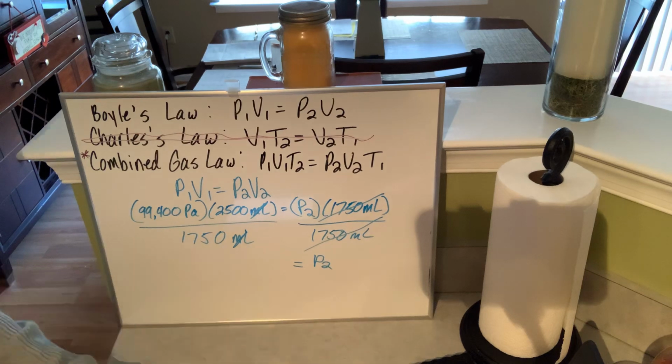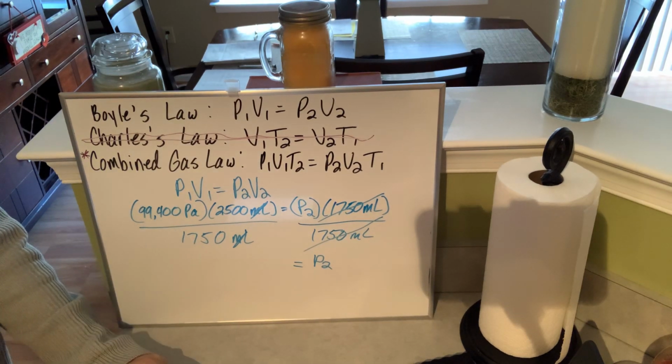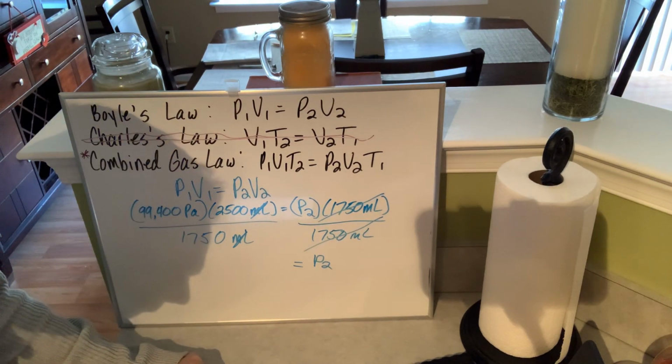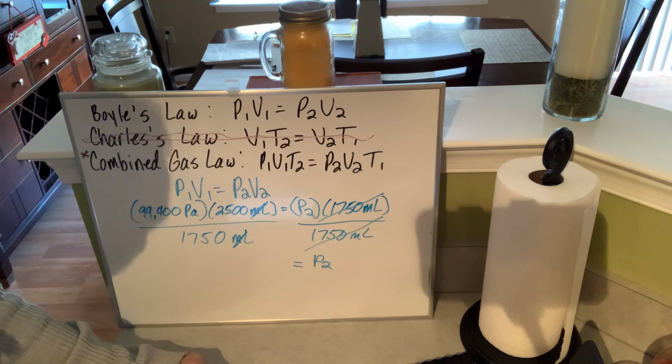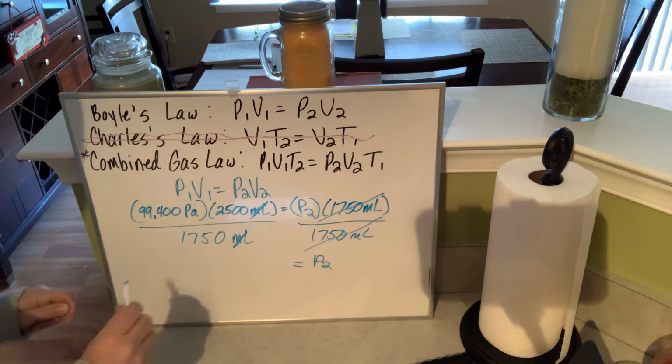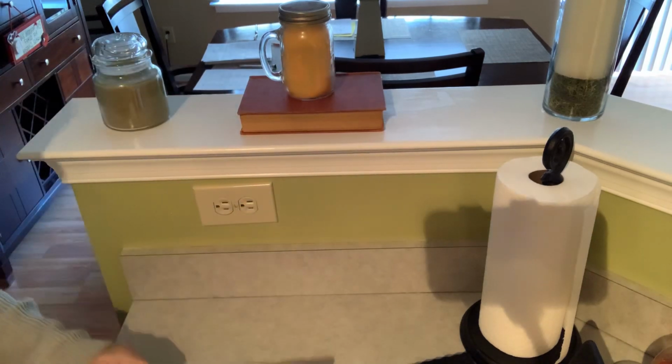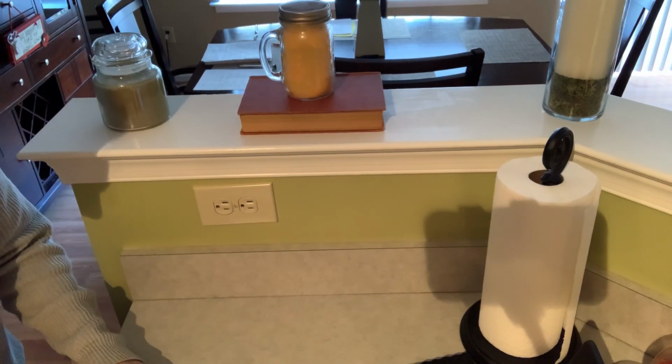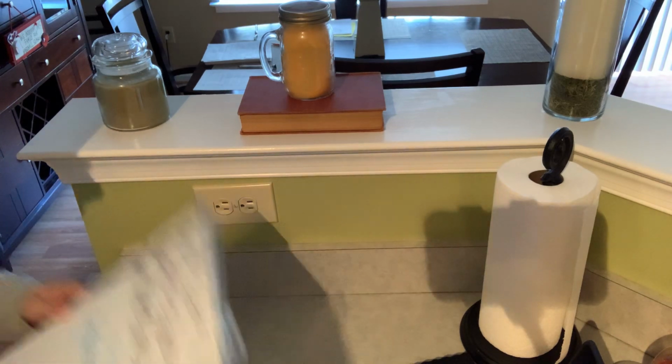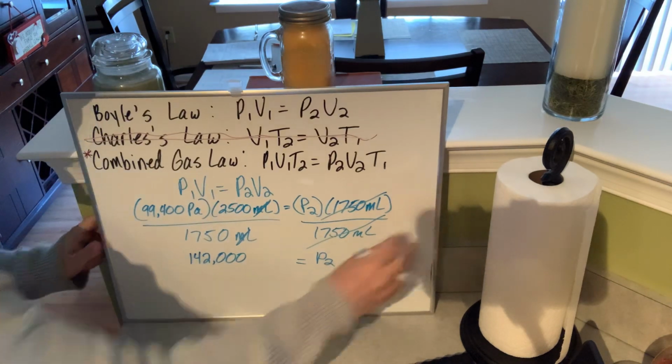So those units are going to go away, but the numbers are not. All right, so the pressure is going to be equal to 99,400 times 2,500, and then we hit equals, and we're going to divide by 1,750, and we get an answer of 142,000. How about that? It came out to be nice. 142,000. All right.